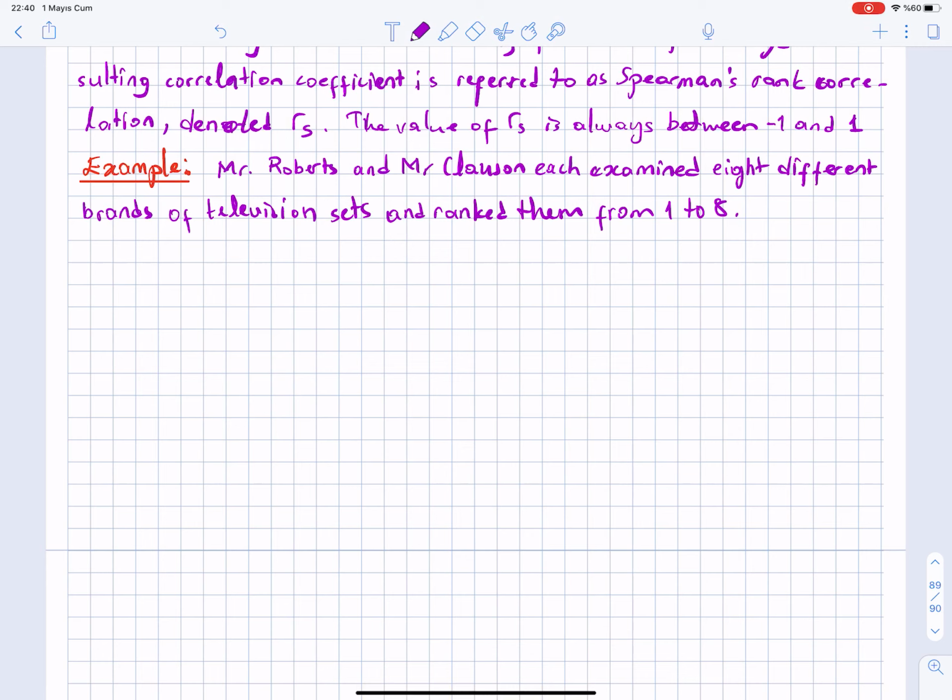Determine the sample correlation between these two sets of rankings.